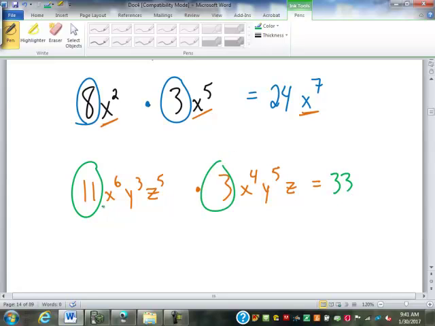And then x to the, perfect. 6 plus 4 equals 10. So x to the 10. Y to the 8. Good. 3 plus 5 makes 8. And z to the 6. 5 plus 1 makes 6. So z to the 6.